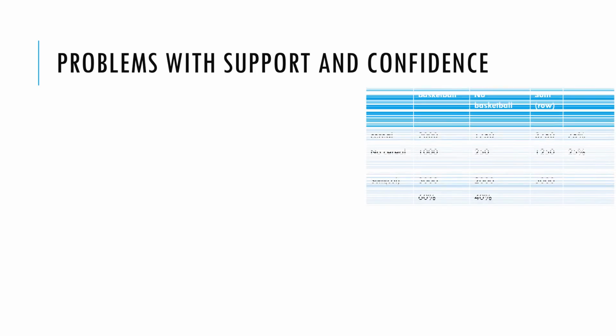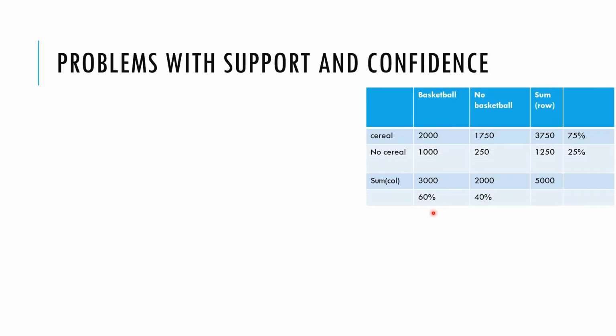So, problems with support and confidence. We'll look at one example and find out what the problem is. The total number of students is 5,000. Look at this: basketball, no basketball; cereal, no cereal. Among all the students, 3,000 play basketball.